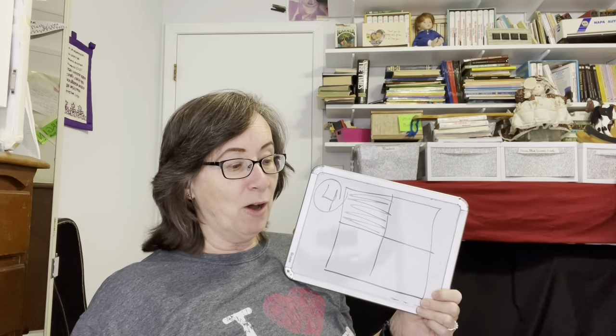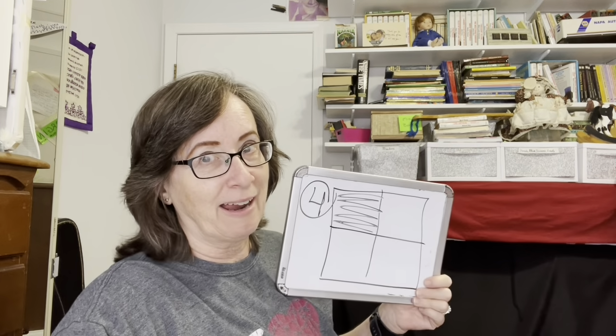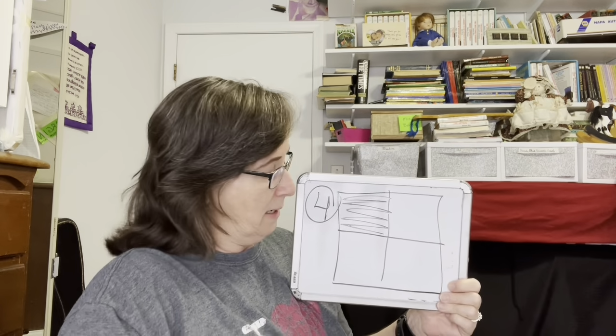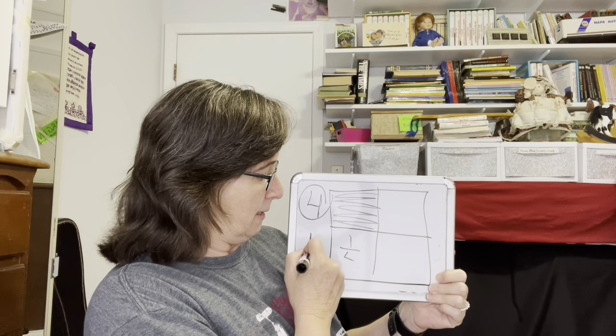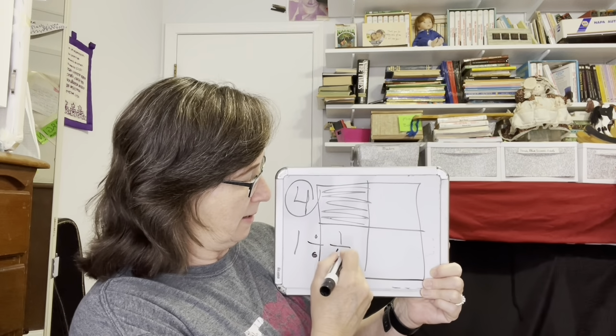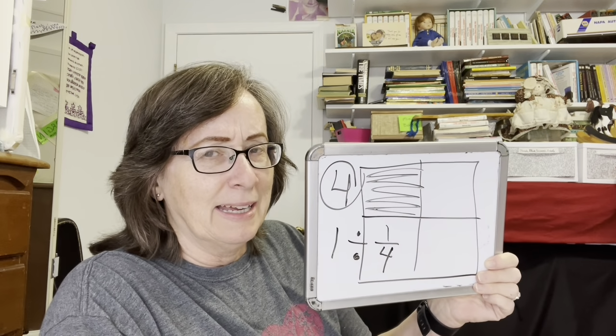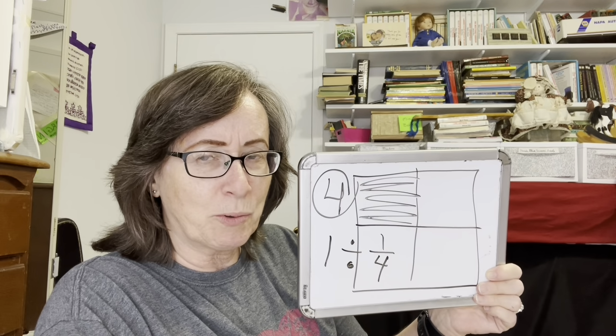But if I were going to ask you how many 2s there are in 10, what would you do? You would divide 10 by 2, and you would say, oh, there's 5 2s in a 10, wouldn't you? Okay, so if I'm going to say how many fourths are there in 1, I would say 1 divided by 1/4. Okay. How are we going to do that problem?